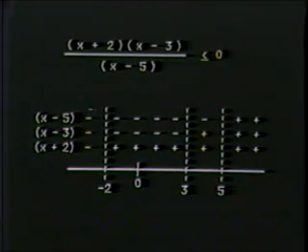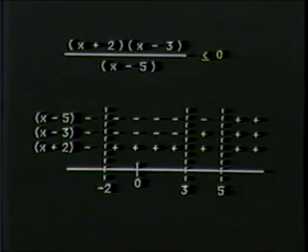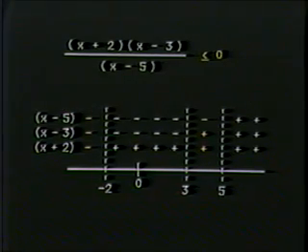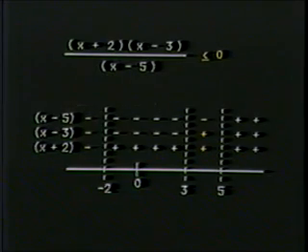And now we check for the two combinations that will give us our negative answer. All three negative, or two positive, one negative. And immediately we can read that x must be smaller than -2, or between 3 and 5.